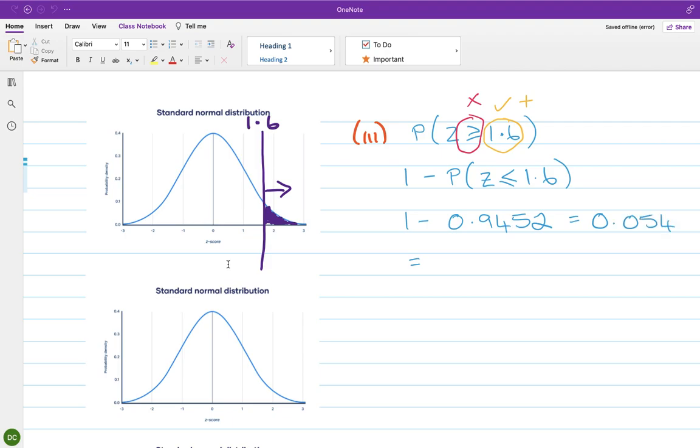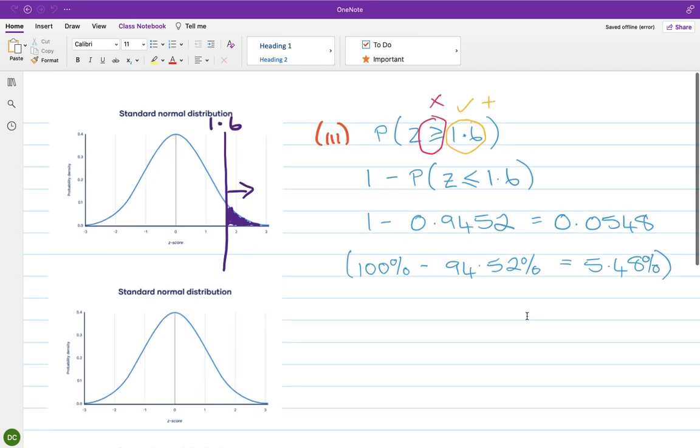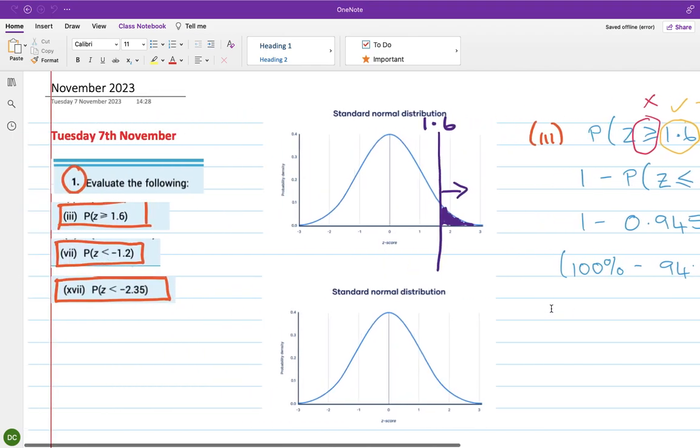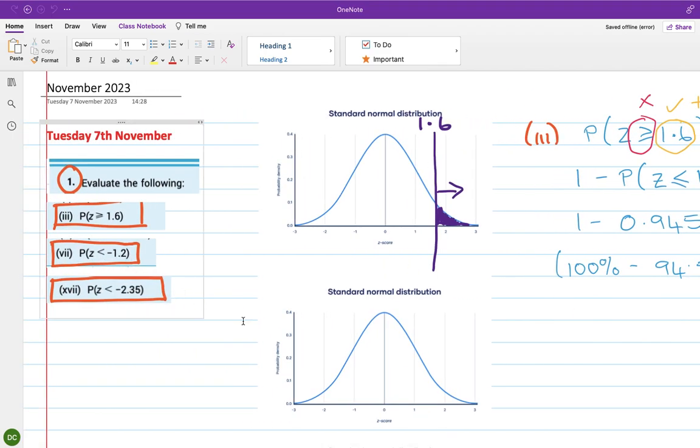And then again, for context, you can do that in percentages. So 100% minus 94.52% equals 5.48%. So the probability of being on the right hand side of that purple line, or being greater than 1.6, is 5.48%.